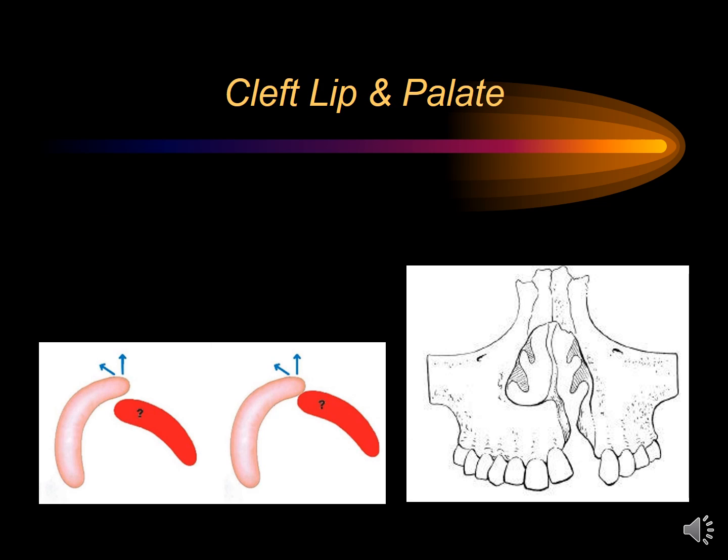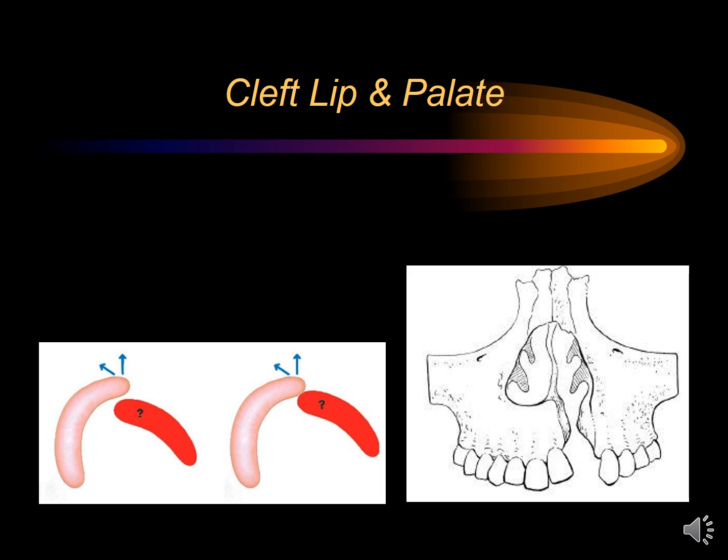Cleft lip and palate. The dental alveolus develops from the branchial arch, and usually develops in three parts: the right, left, and the premaxilla. Sometimes, due to various reasons, these parts which develop separately may not fuse as they normally should, leaving a cleft.